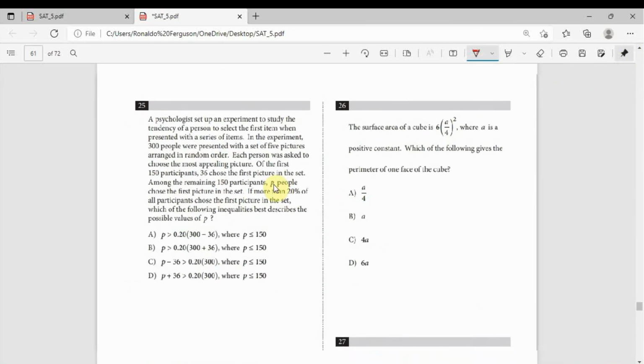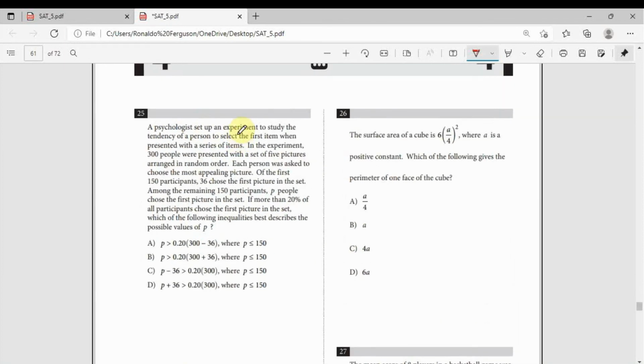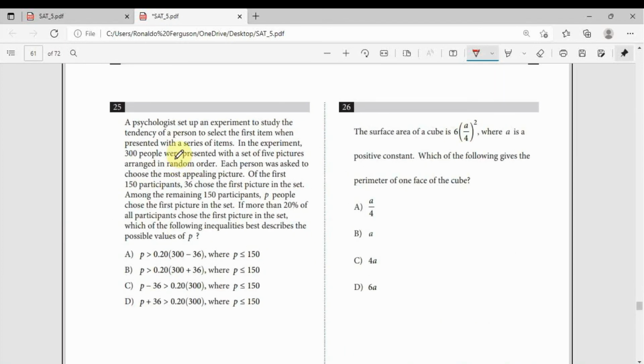But let's go. They say now a psychologist set up an experiment to study the tendency of a person to select the first item when presented a series of items. In the experiment, 300 people were presented with a set of 5 pictures arranged in random order. Each person was asked to choose the most appealing picture.